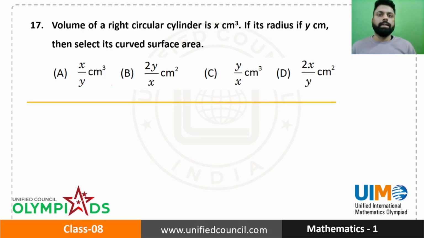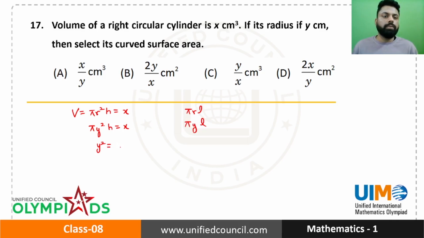Volume of the right circular cylinder is given. That means pi R square h value is x. If its radius is y, pi y square h is equal to x. Find its curved surface area. That is pi R L, so that means pi y L. Over here, y square is equal to x upon pi h. We know L square is equal to the radius square plus height square. Height is equal to x upon pi y square.